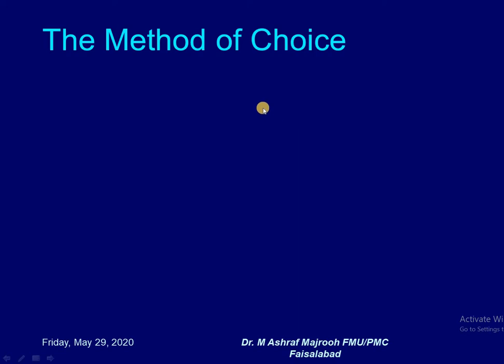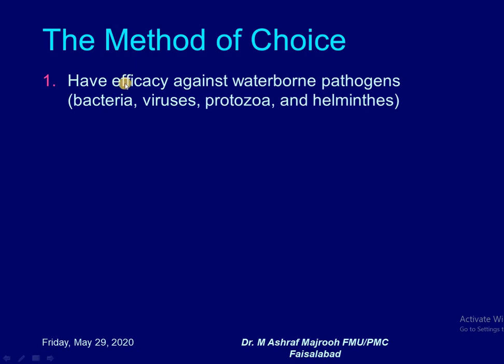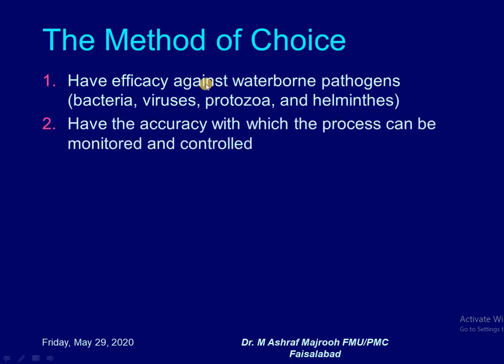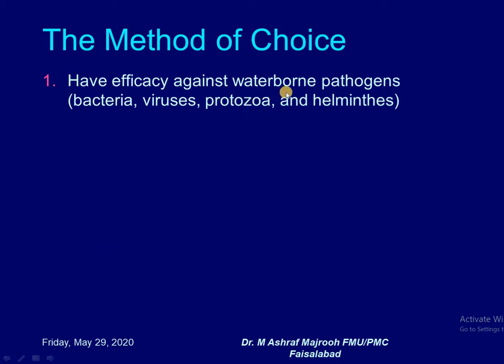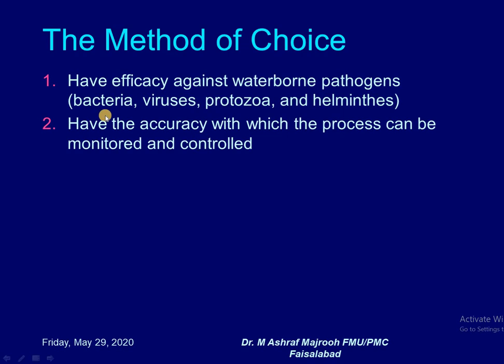The qualities of the method which should be selected for the supply system: it must have efficacy against waterborne pathogens like bacteria, viruses, protozoa, and helminths. So all types of pathogens must be killed by the selected method, and it must have accuracy, so that the process can be monitored and controlled.